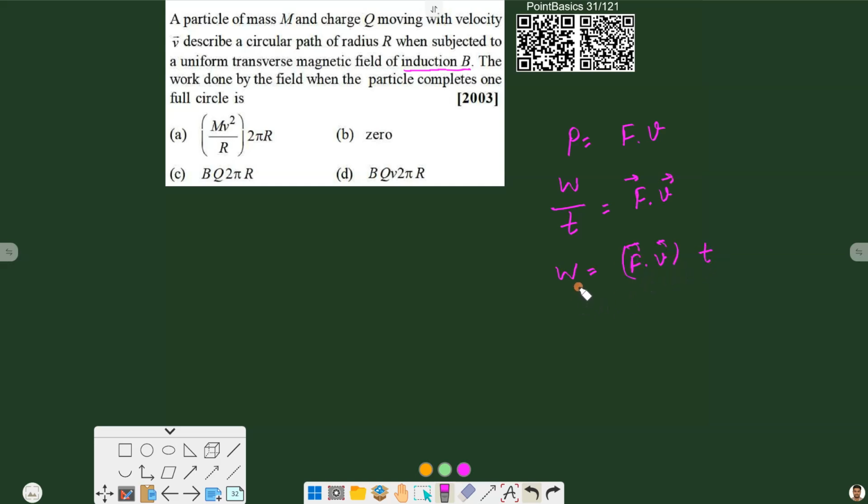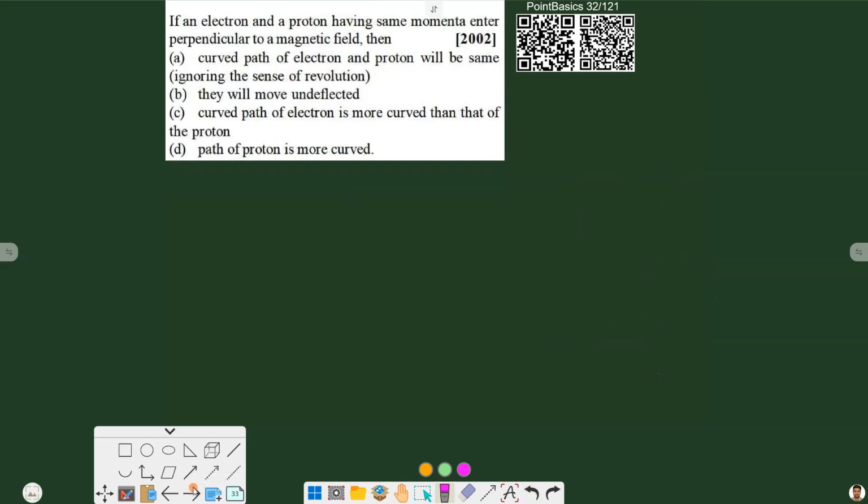When we write it for the magnetic field, it is F_B dot V. And we know that the magnetic force acts perpendicular to velocity, so their dot product is zero. So the work done by the magnetic force is always zero. That's why it only changes the direction and not the value or magnitude of the velocity. Now moving to the next one.